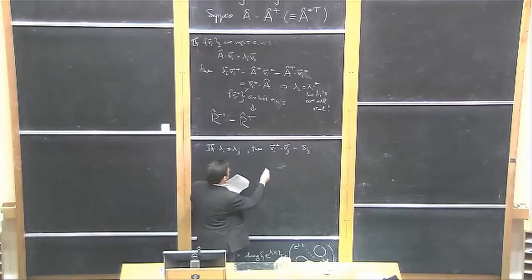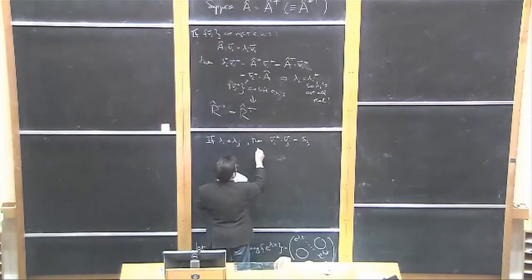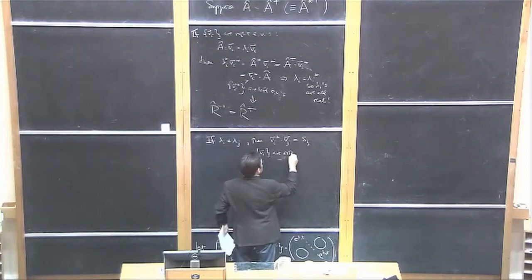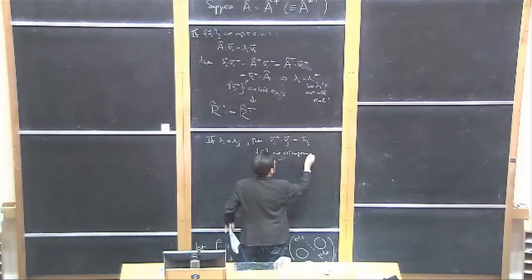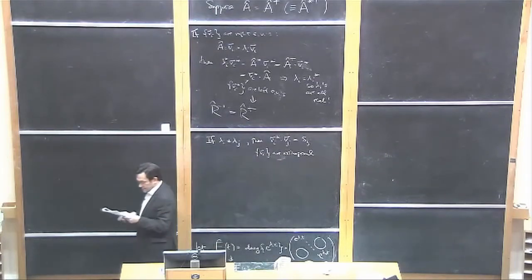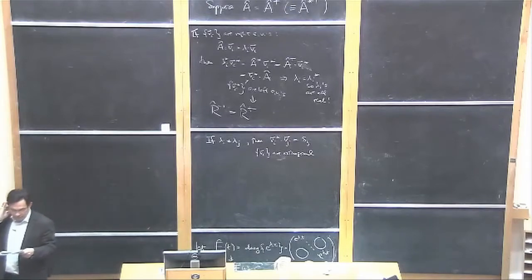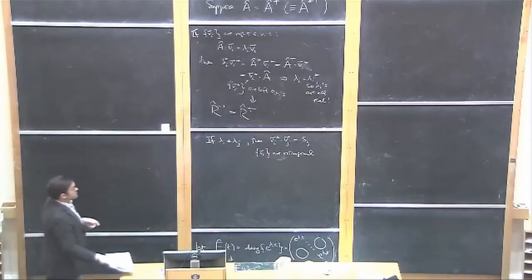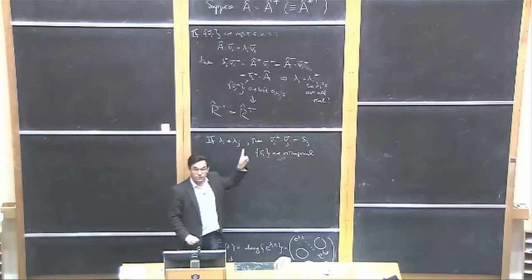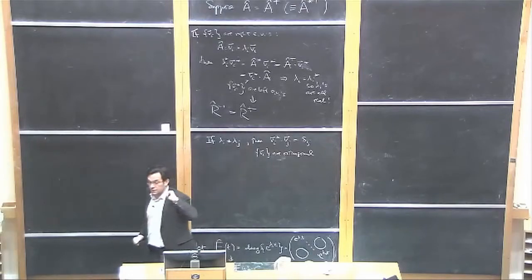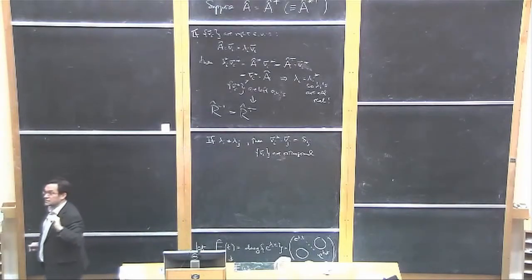So the Vi are orthogonal. So this basis that we have, in which A becomes diagonal if all the lambdas are different, is not just a basis, it's actually an orthogonal basis.